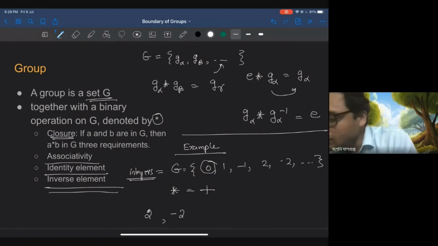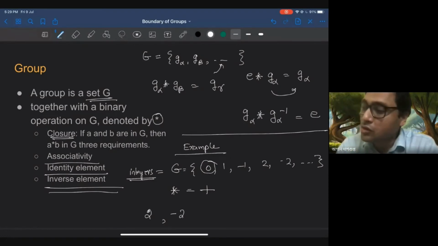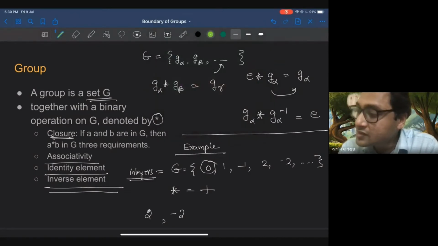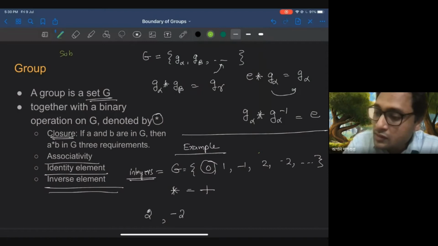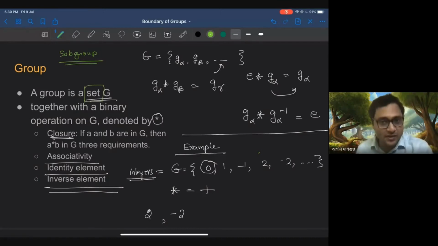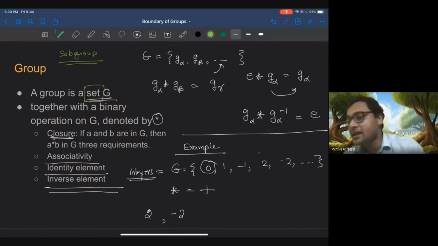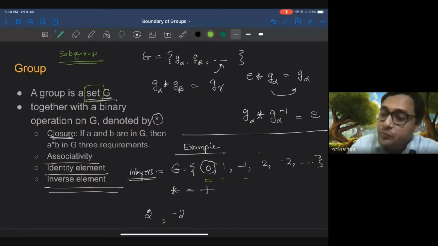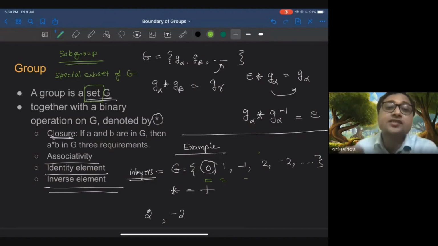Now, one more thing I want to talk about in this context is the notion of a subgroup. Remember, a group is just a set in the first place. It has some elements, and then comes the binary operation, the identity element, and so on. A subgroup is a special subset of G which is also a group.